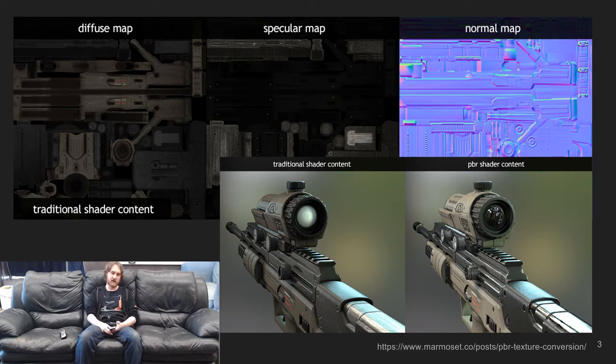And then the diffuse map is the paint colors, the color of the material underneath, but it also includes things like shadows for self-shadowing, like cavities, and whiteness in certain areas. So there's a lot that gets baked into the diffuse map as well. Between those three maps, that's how assets used to be made.